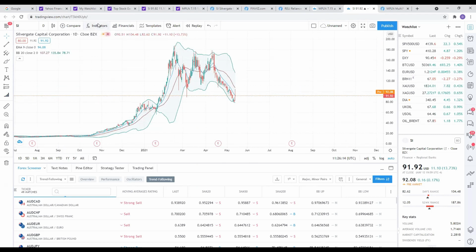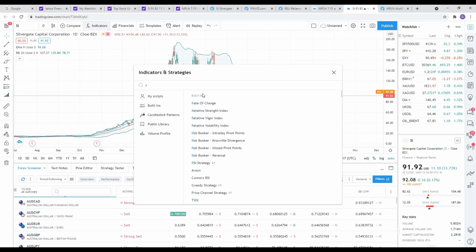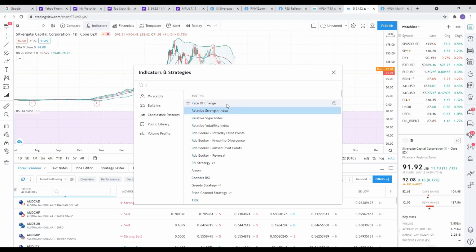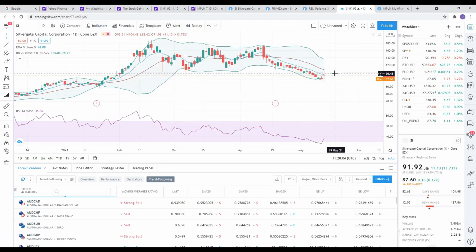Let's add another indicator. Let's add the RSI. Note when I typed in R, we see the relative strength index appeared at once. This is because this indicator is very popular. So we see the RSI here.